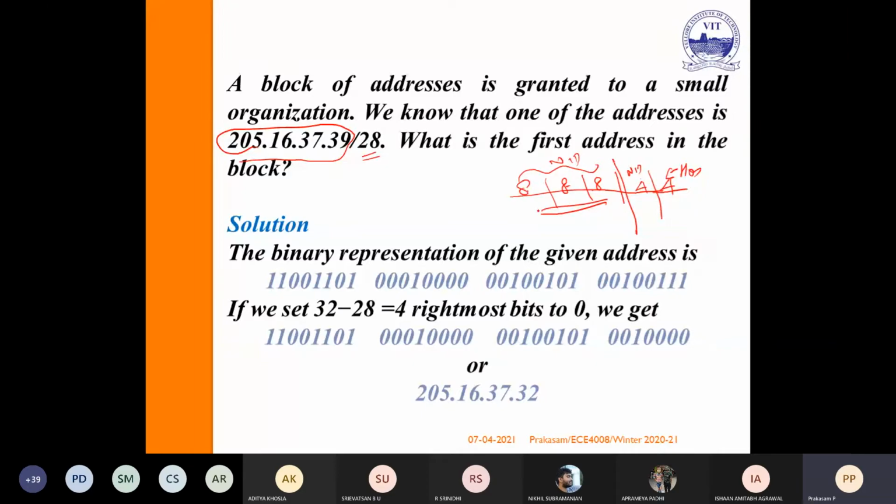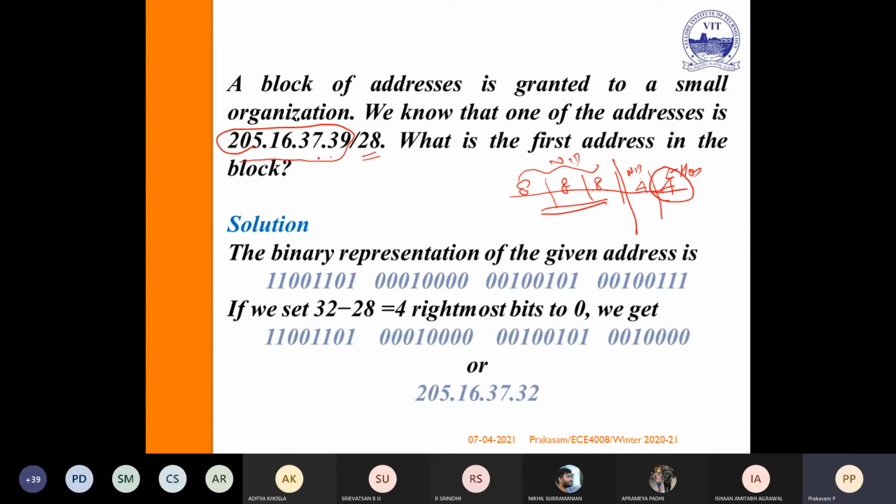So from this, how can we find the first IP address? It is very, very simple. Just represent this in binary. The binary for 205 is 11001101. Similarly for 16 it is 00010000, then for 37, 39 and 28. So how will we find the first IP address?